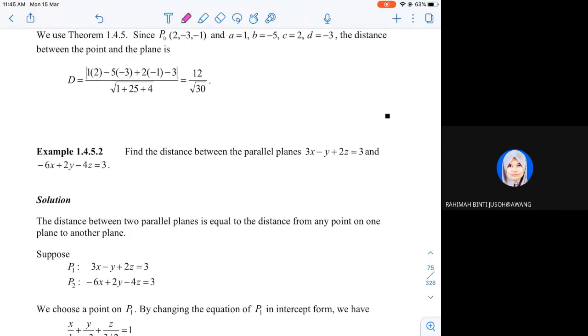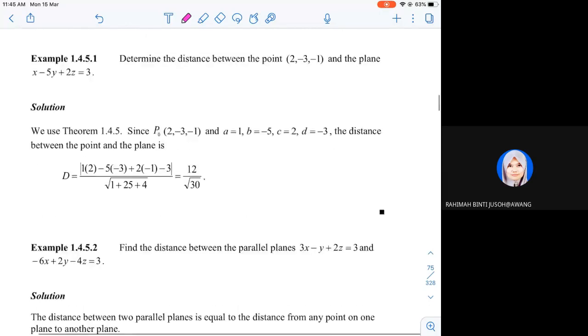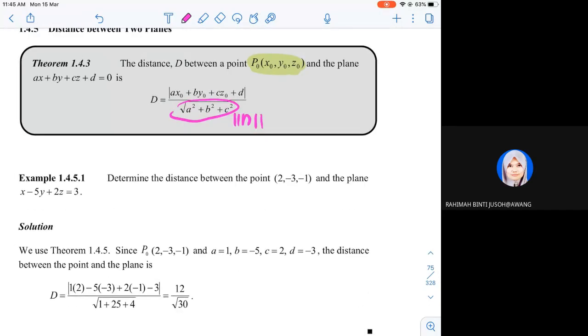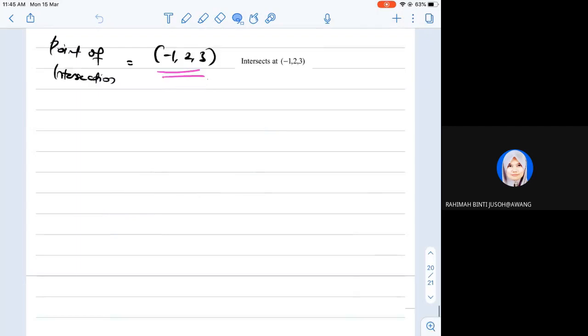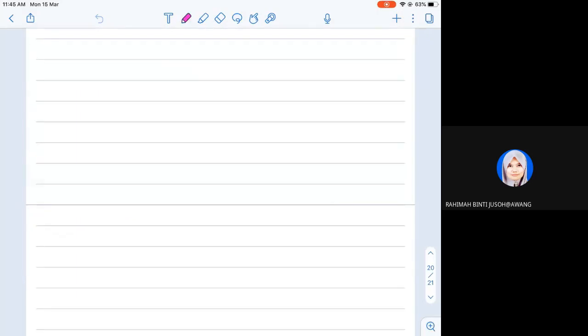If you are given two parallel planes, you nak cari distance between the two planes. Okay. So let us do one example from this. Distance between two planes.